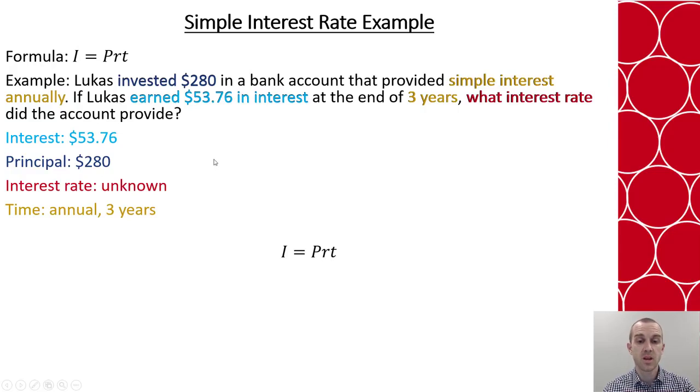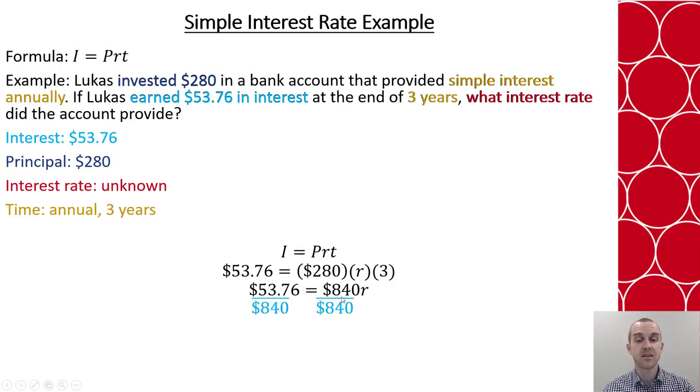So using our formula, we have $53.76 equals $280 times R times 3. I'm going to simplify my right-hand side by multiplying the values together, and that's going to give me 840R. So next, I divide both sides by the $840. 840 divided by 840 simplifies to 1.